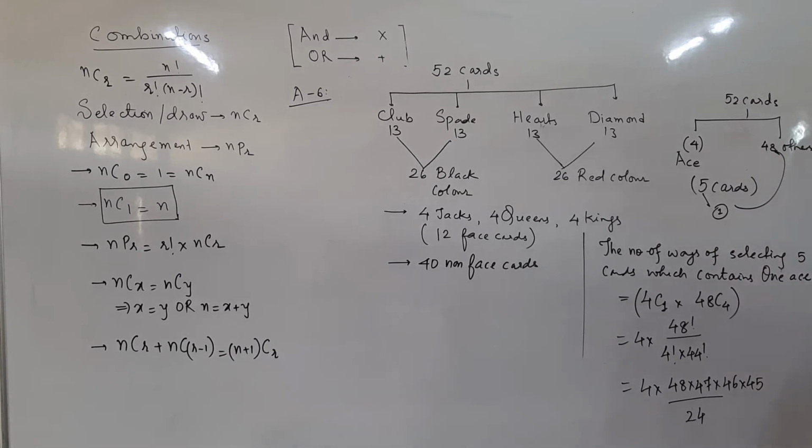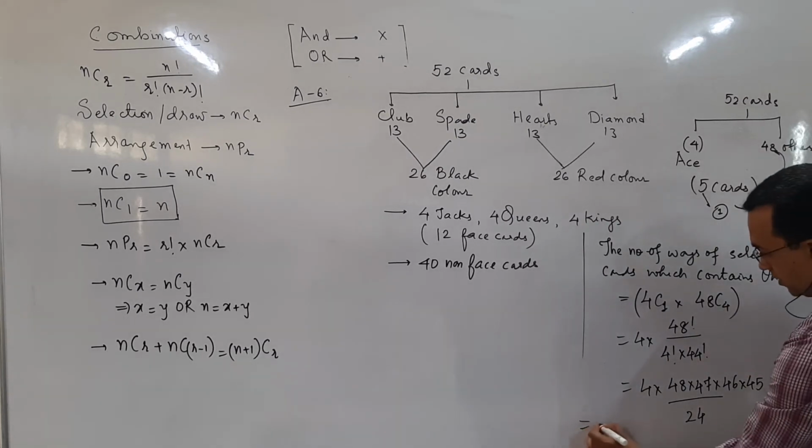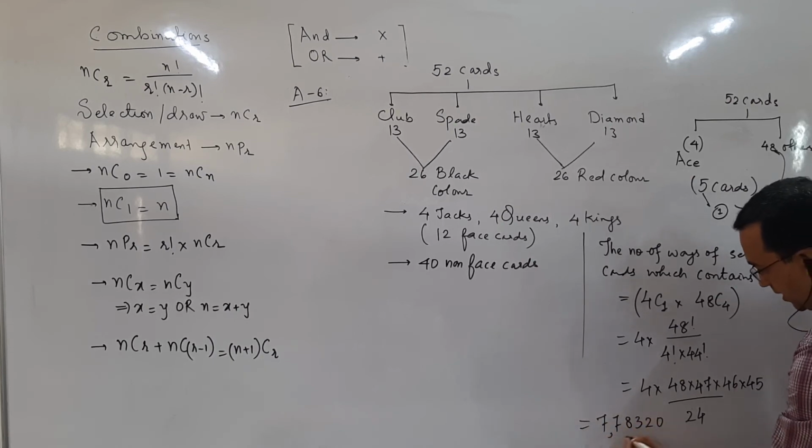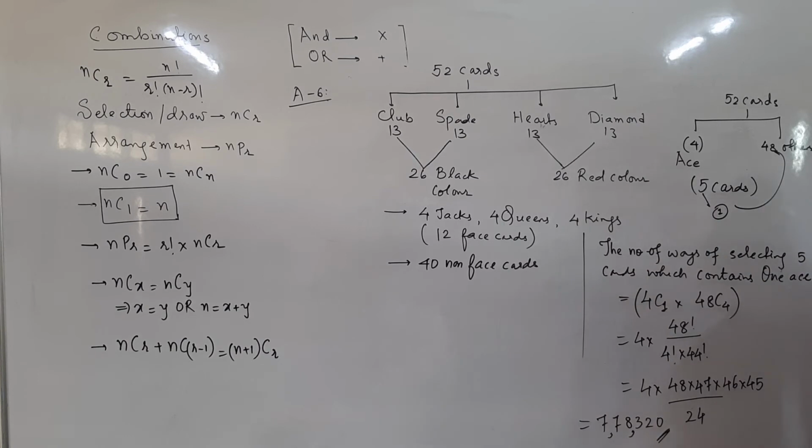Now simplifying this, students, the answer is 778,320. 778,320 ways are there in which we select 5 cards which contain exactly 1 ace.